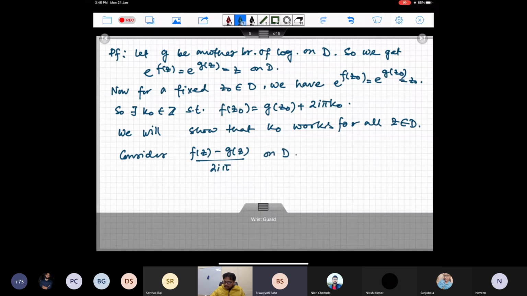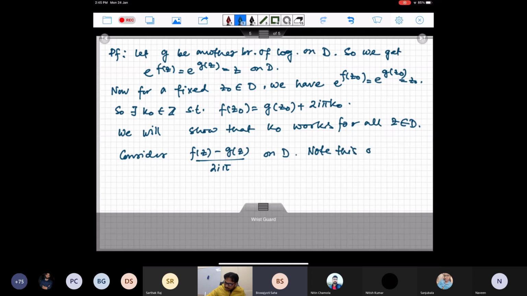Can you tell me what is going to be the range of this function? What kind of values does this function take? Integers. Only integers, right? Consider this function.